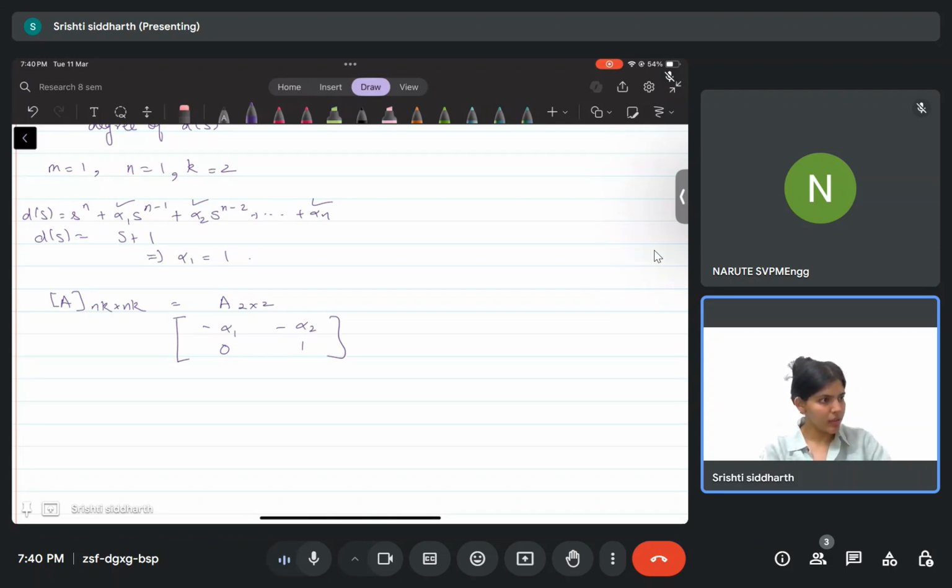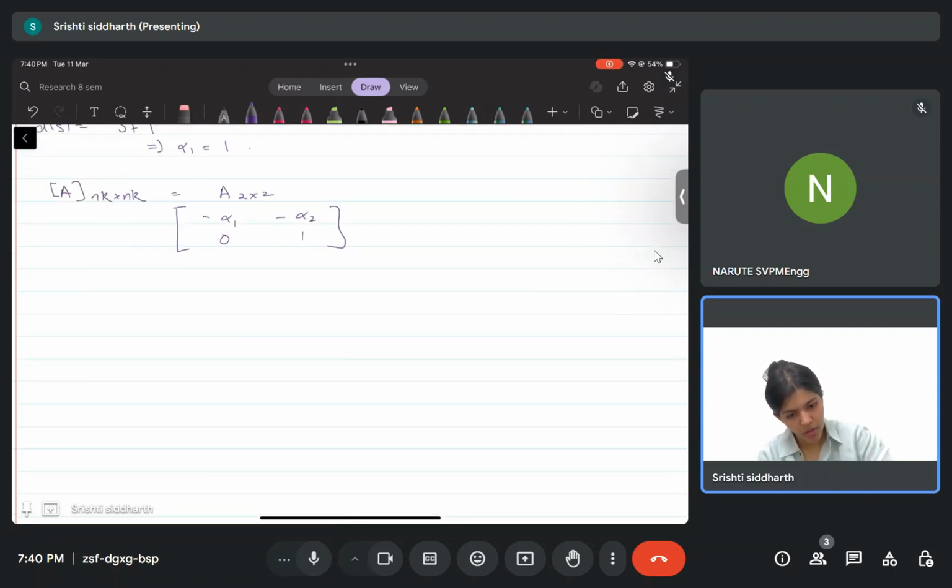Before that, let's first figure out what B looks like. B has a simple form: B is simply I k by k and then zeros throughout.